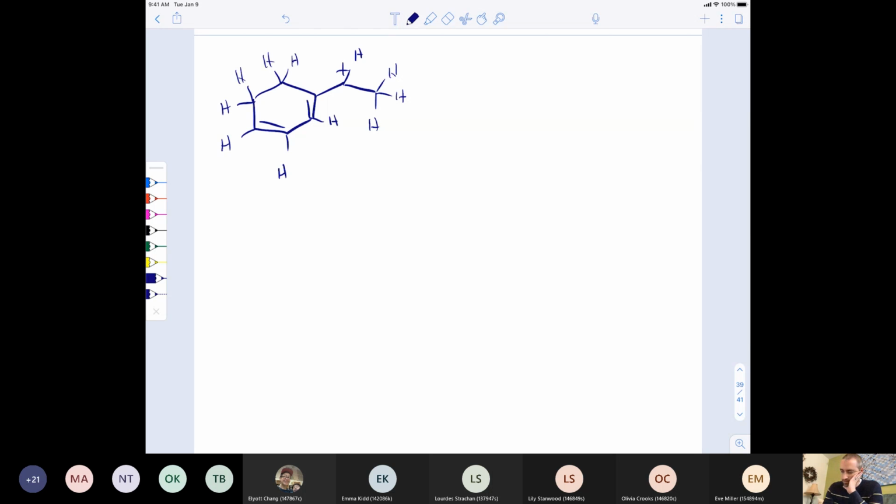So what you're looking for when you have a cation is a pair of electrons on an adjacent atom that you can move over. That pair of electrons can either be in the form of a multiple bond or in the form of a lone pair. Let's get the lone pair example out here too.